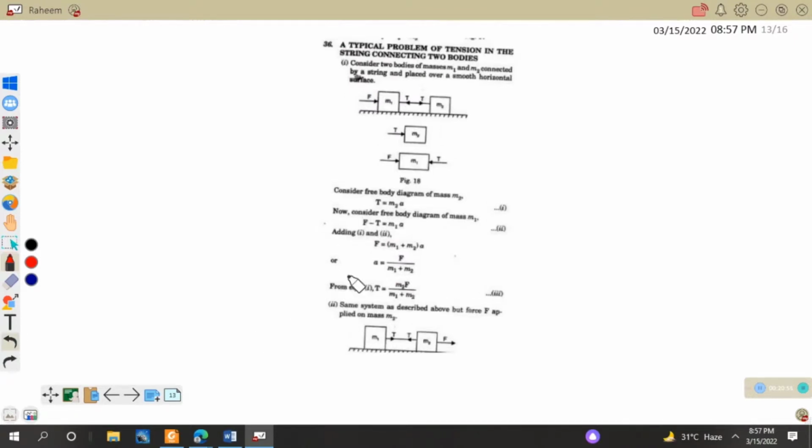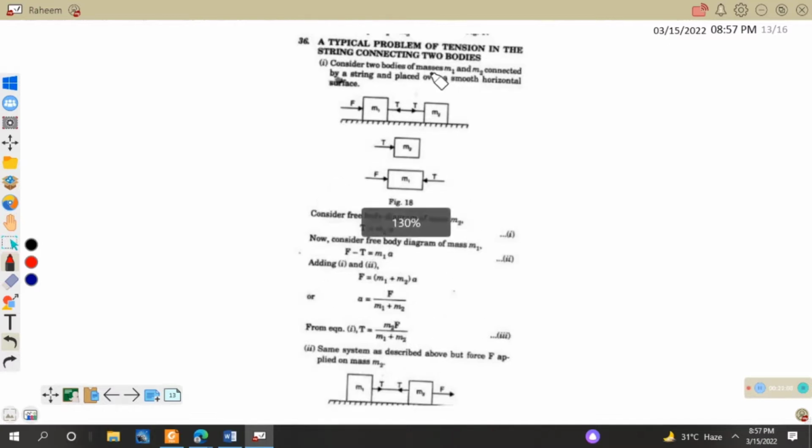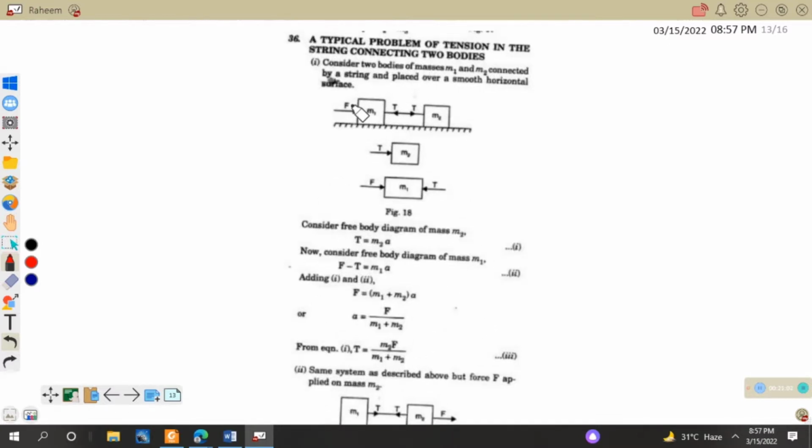This is another problem on tension in the string connecting two bodies. In this case, if this force is acting in this direction and we have to find the tension, we take the tension acting in this direction. This is m1 and this is m2. So we will write that the tension acting on this object is equal to m2 into a.